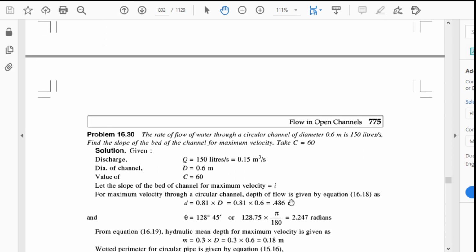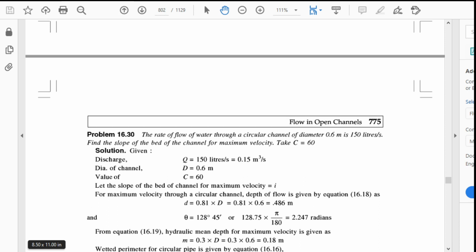Here the first numerical: the rate of flow of water through a circular channel of diameter 0.6 meters is 150 liters per second. Find the slope of bed of the channel for maximum velocity, with C equals 60.